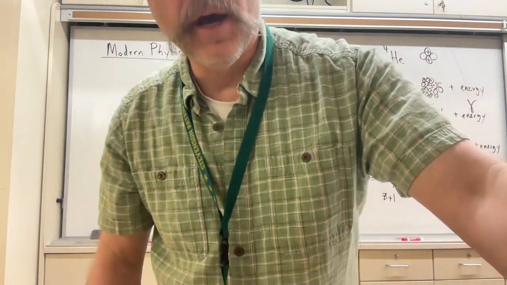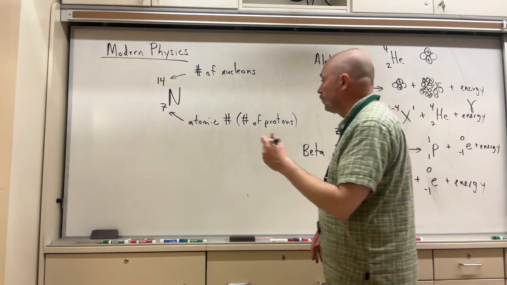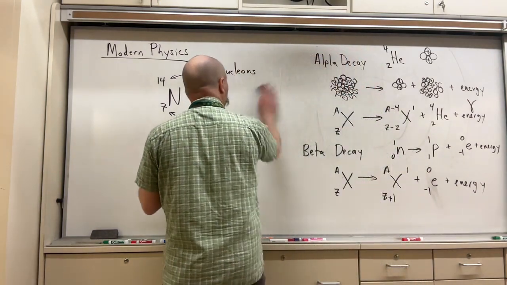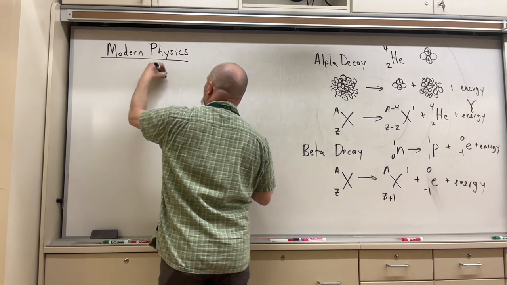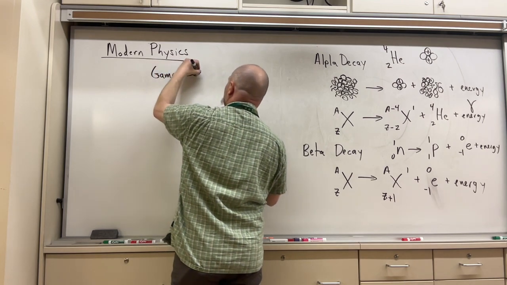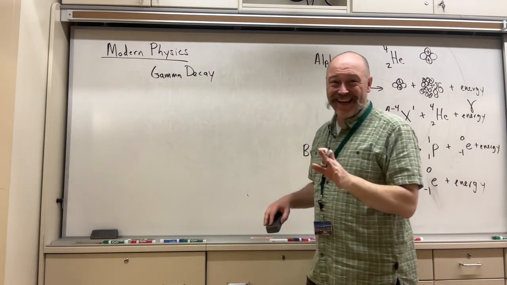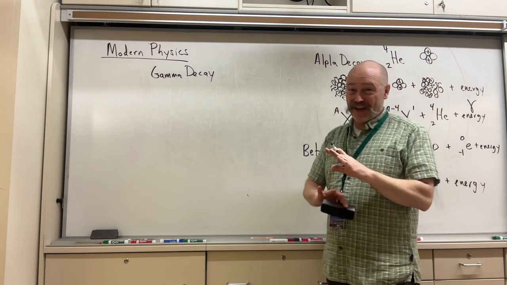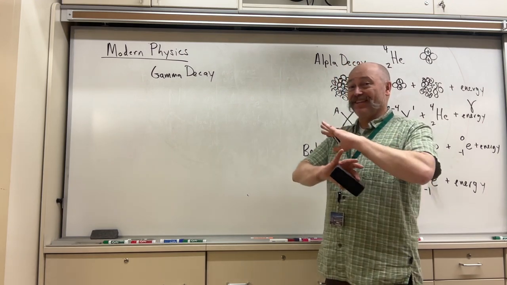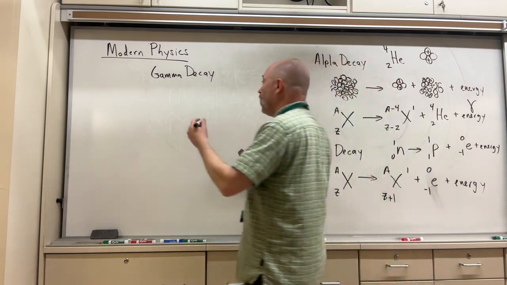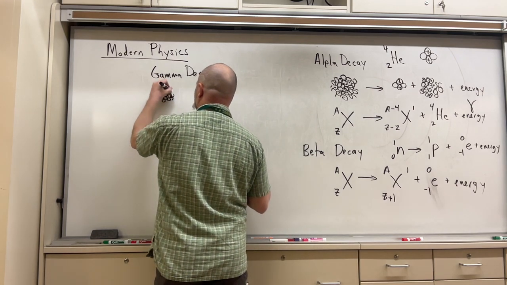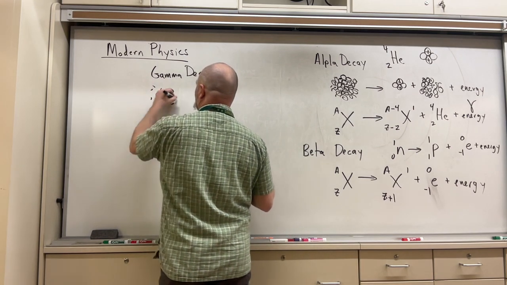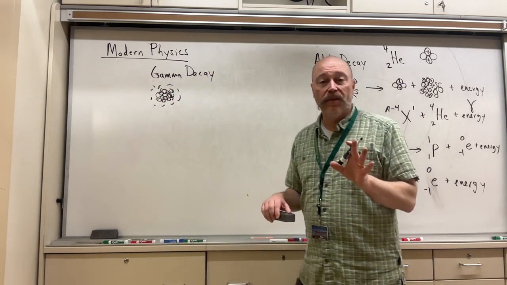Okay? And then the last one is called gamma decay, and gamma decay only happens if you have something like a nuclear explosion, something super energetic. My nucleus has lots of energy, okay?